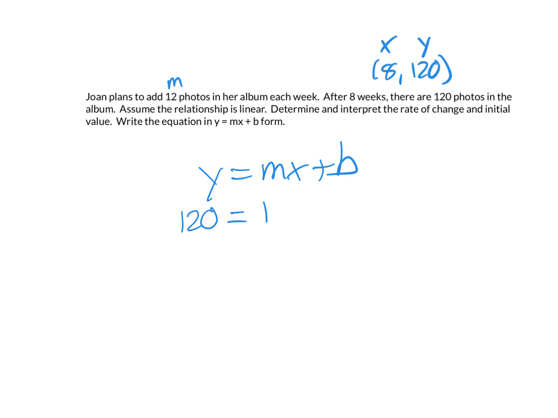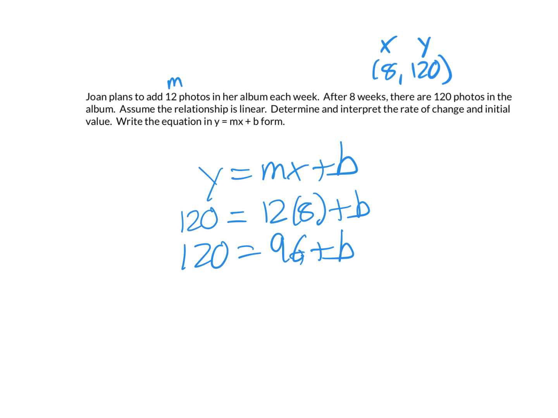I can put 12 in for m. I can put 8 in for x. And I don't know b. So I'm going to get 120 equals 96 plus b. I'm going to subtract the 96 from both sides. And I'm going to get b equals 24.